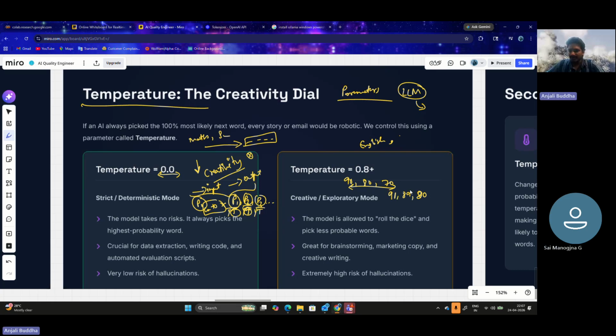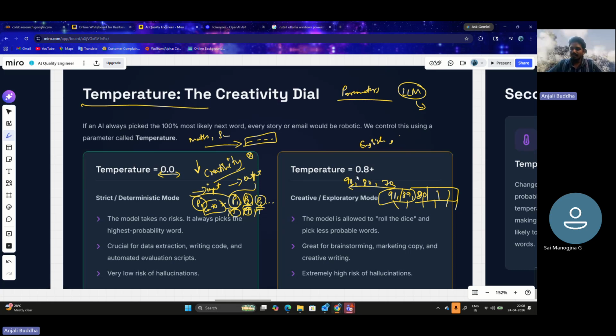Now the model can choose any of these randomly, or if there are so many words to choose from, because the probability increased due to the temperature. Depending on what it chooses, the next word prediction changes, because this becomes the context now, which we explored some time back. That's why increasing the temperature means the responses could vary.